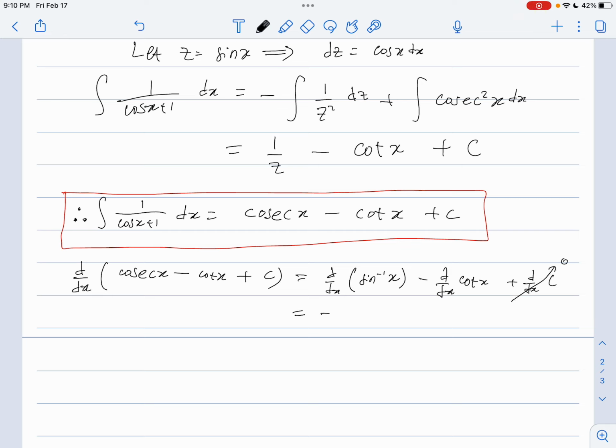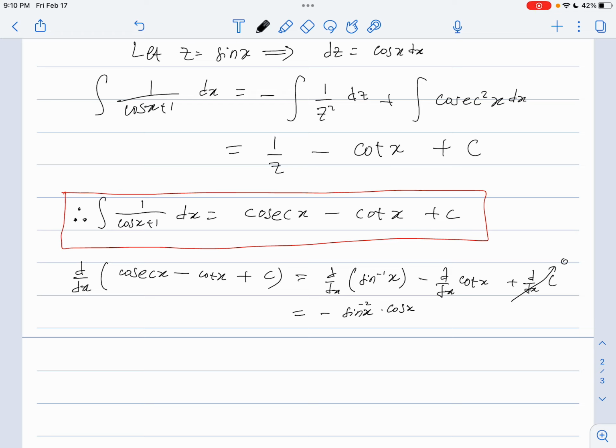So we have minus sine x times minus sine x to the power of negative 2, and the derivative of sine x is cosine of x.